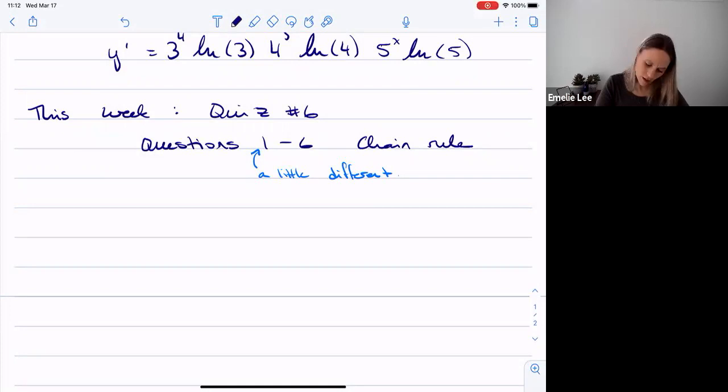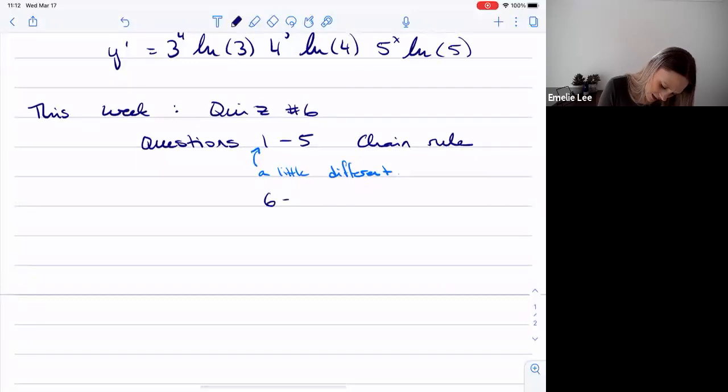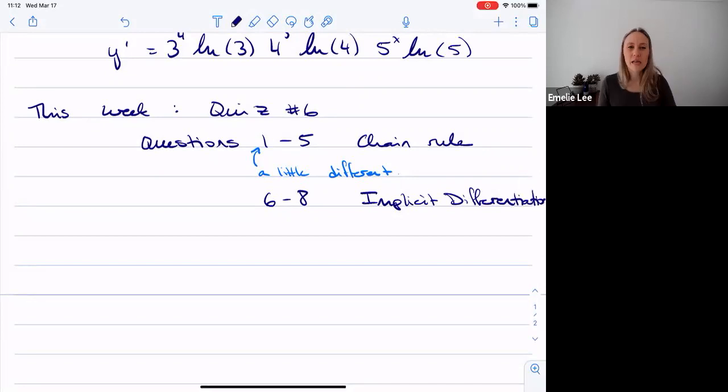Was it 1 to? Oh, rats, 1 to 5, sorry. 1 to 5 is on the chain rule, and then 6 to 8 are using implicit differentiation, which is what we'll do today. So not as many, but they're a little bit longer.